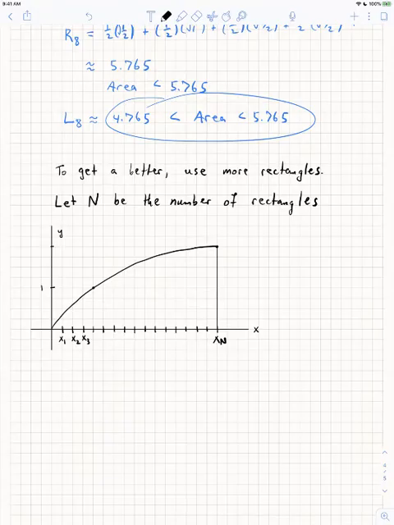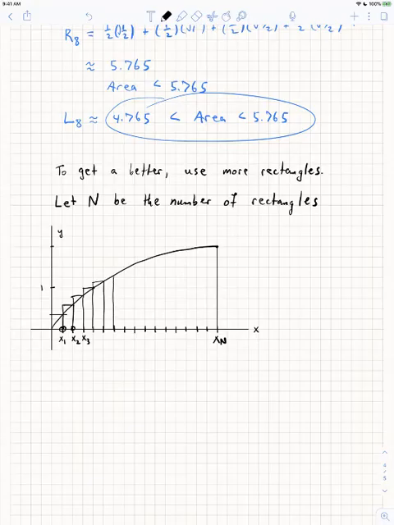And each one of these, we can either use the right endpoint or the left endpoint. So if we use the right endpoint, we're going to have a little rectangle like this, and then another little rectangle, and so on. Now, because this is an actual example I've written down on graph paper, we could count them up, but let's just suppose that there are n.